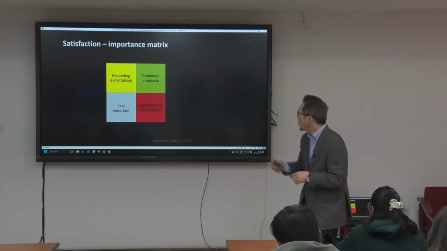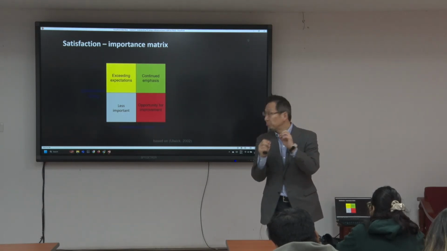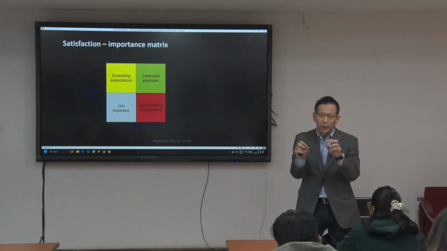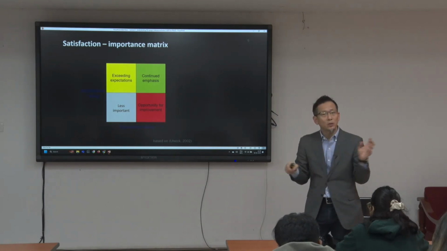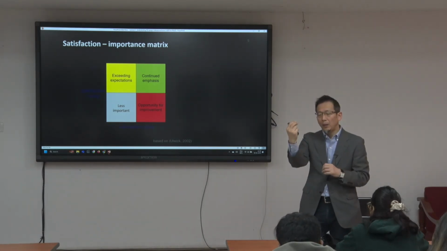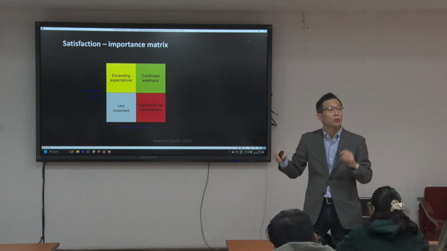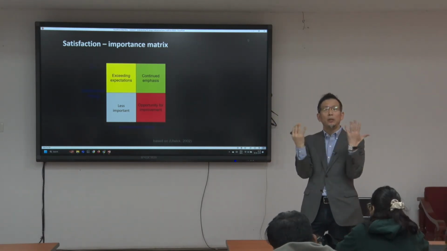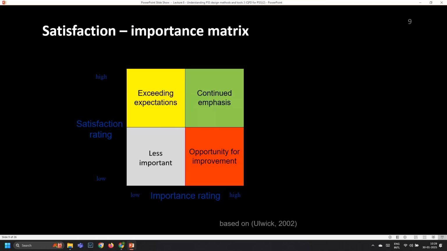So you are expected to collect the data for the 2 dimensions, and then plot all the customer values on this 2x2 matrix, and then you will get the results. So these customer values are what we should focus on for the improvement.